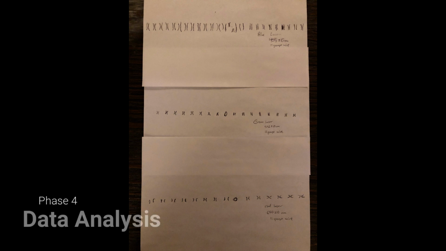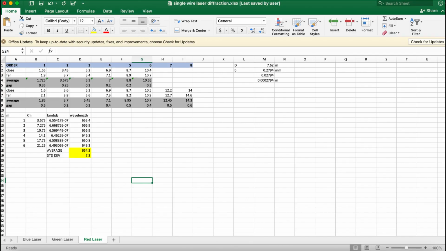Now, after all that drawing, I have 3 diagrams illustrating the diffraction pattern created by each of the lasers. To do the data analysis, I had to measure the distance using a ruler from the center point to the center of each diffraction gap, so the area where there was no light present.